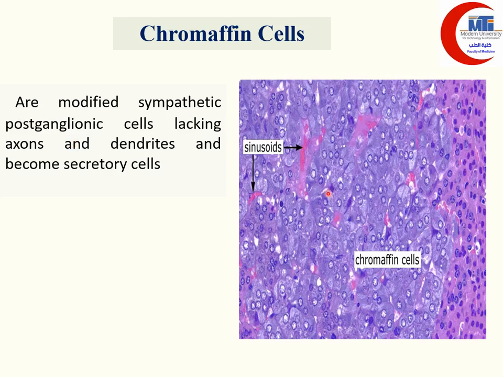This slide is a microscopic picture of the suprarenal medulla. These are the chromaffin cells, and between the chromaffin cells we find fenestrated blood sinusoids or blood capillaries, as in any endocrine cells, to take the secretion directly to the blood circulation.